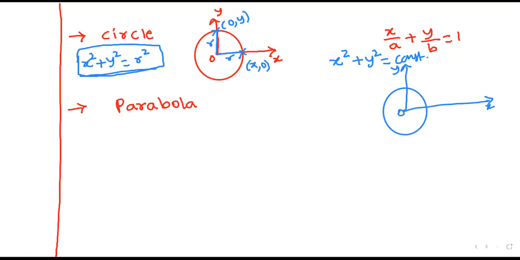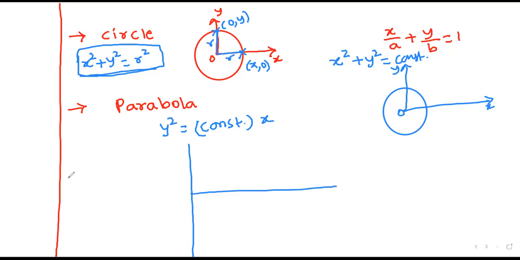Similarly for the parabola, the general equation is y square equal to some constant times x. It will have the graph as follows. Let us consider when x equal to 1, y equal to plus or minus 1.